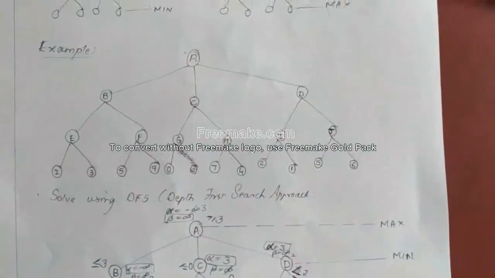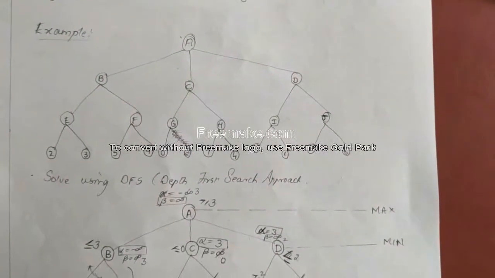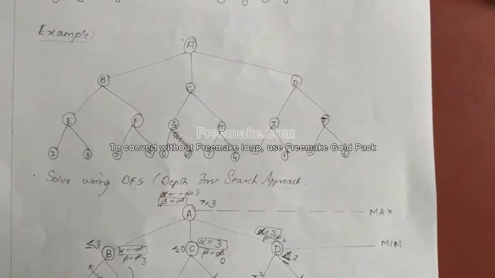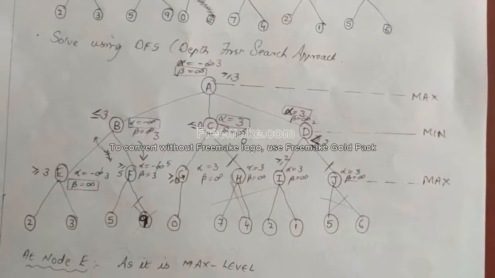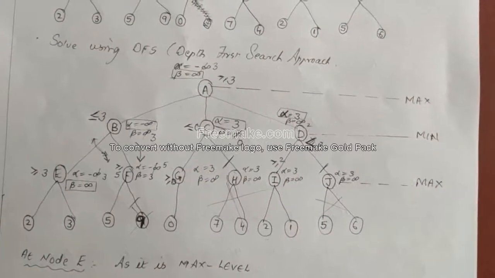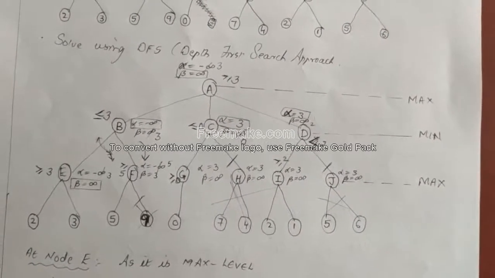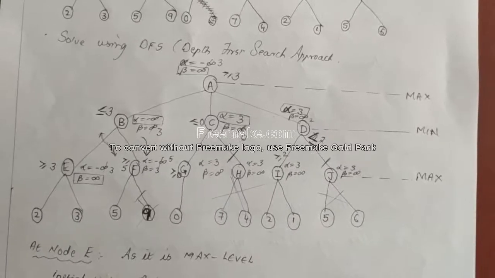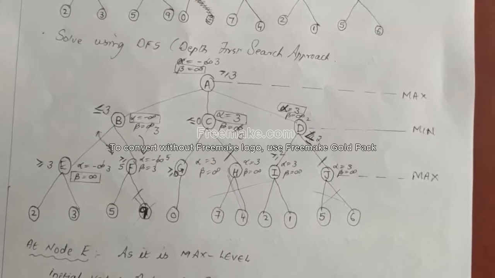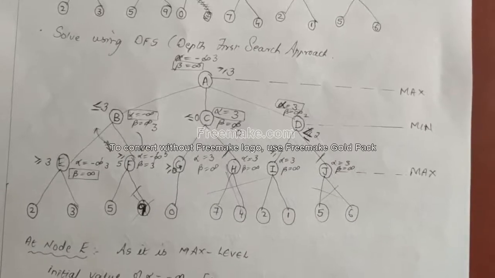This is an example which shows how to solve an alpha beta pruning problem using the depth first search approach. It is also very important to remember that if one encounters a maximum case, then the only parameter which changes is alpha, and beta remains constant.